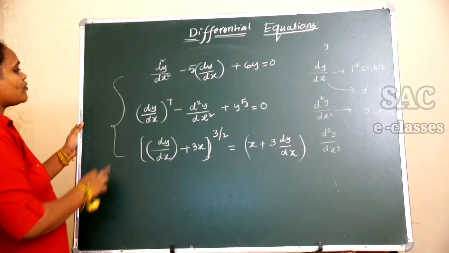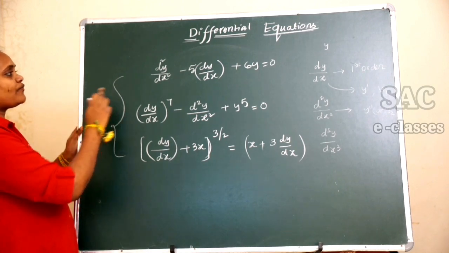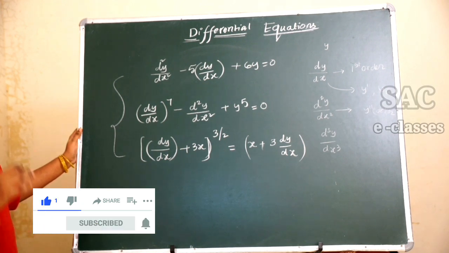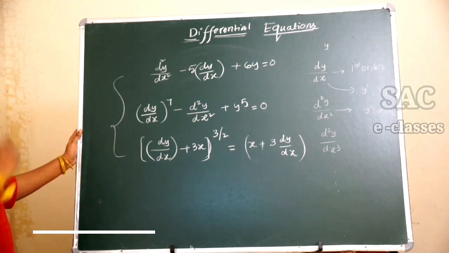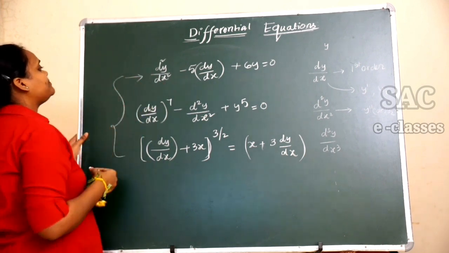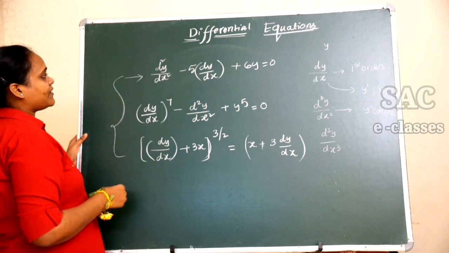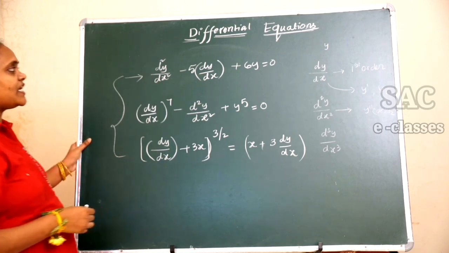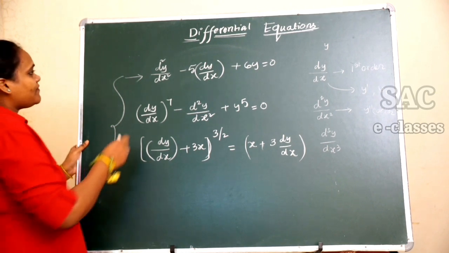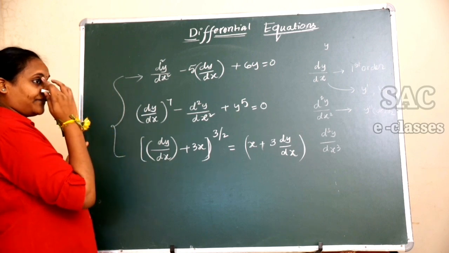Here I have mentioned some differential equations. We need to find out the order as well as the degree of each. First, look at the first problem: d square y by dx square minus 5 into dy by dx plus 6y equal to 0. In what way can we find the order and degree?